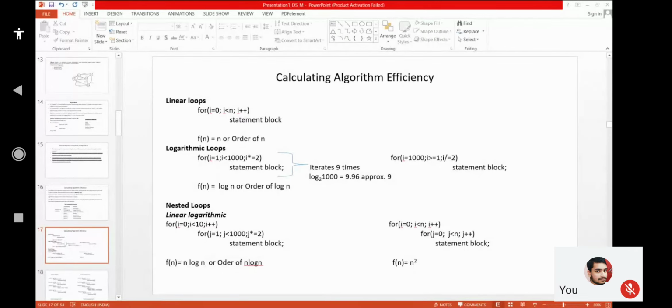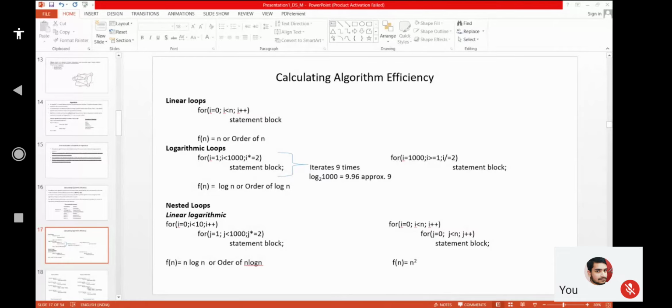So how many times will this statement execute? N times. Exactly. That's why we can say f of n is equal to n, or order of n; the time complexity is order of n. You can write order of n or big O of n.